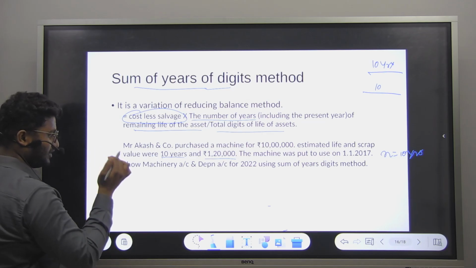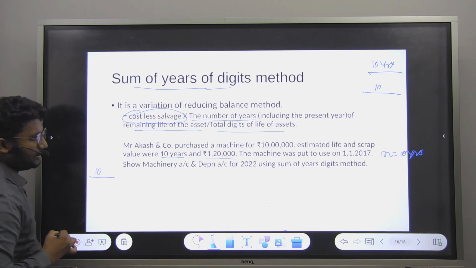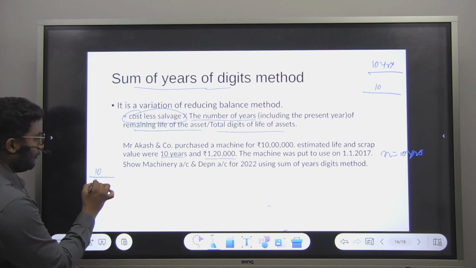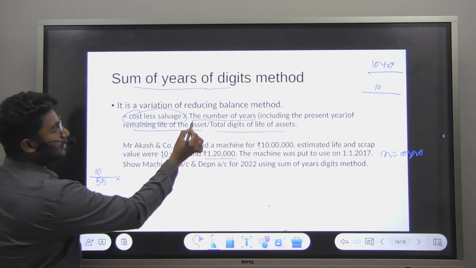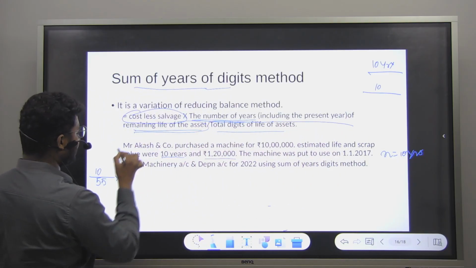So to calculate the first year, how should we calculate? 10 divided by 55. The number of years including the present year, the remaining life of the asset, is 10 years.